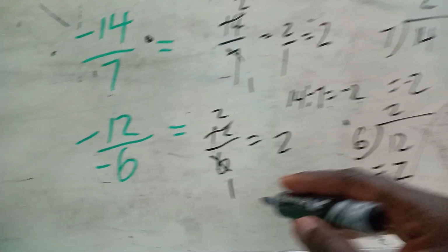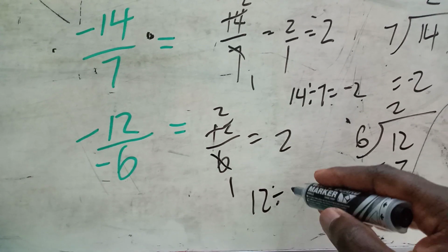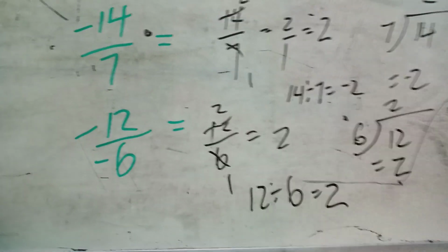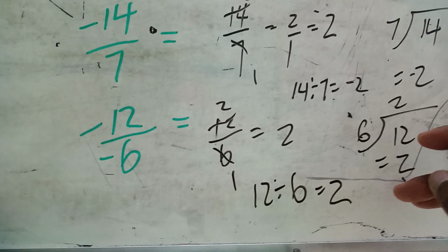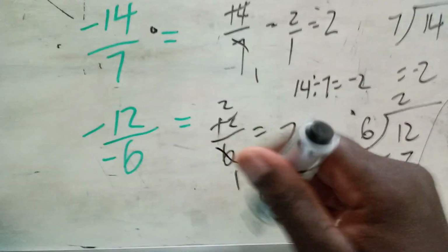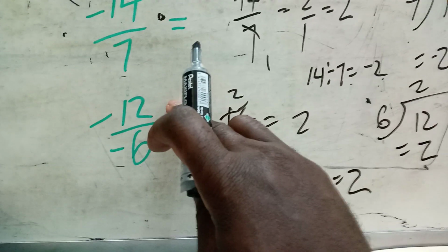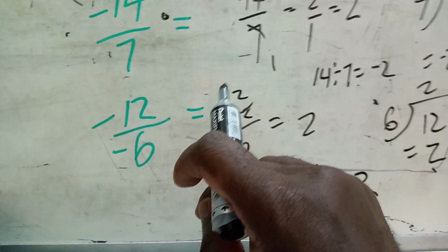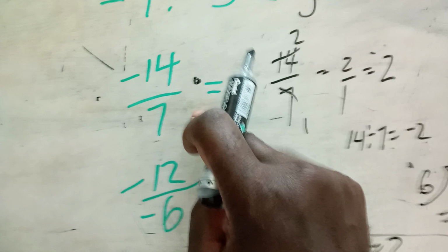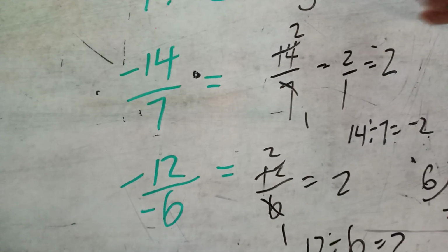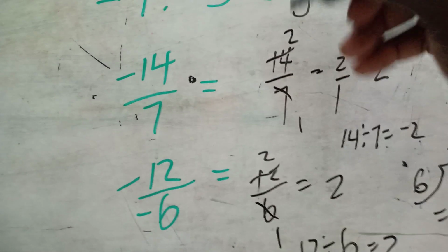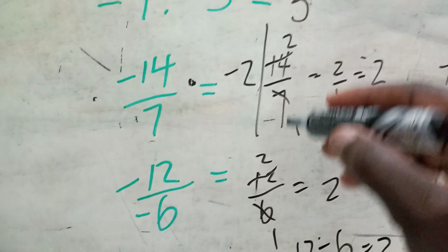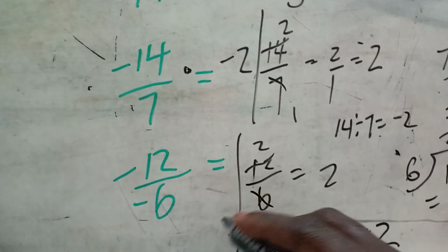Or you want to say 12 divided by 6 equals 2. In any of the 3 ways you want to do it, the answer is going to be 2. But remember, it's a negative and a negative, and your answer is supposed to be a positive. If it's a negative and a positive, your answer is going to be a negative. So your answer here would be negative 2, and your answer down here would be a positive 2.